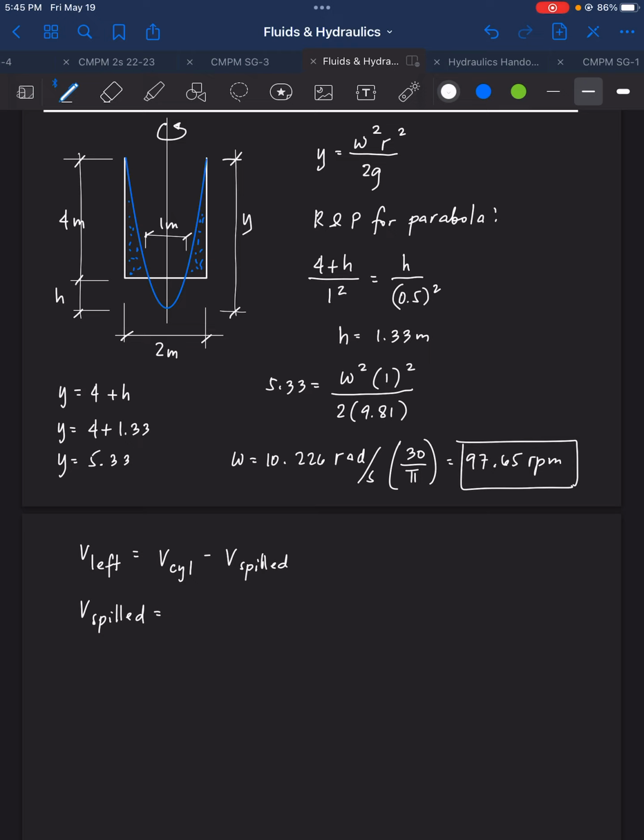For the volume spilled, we have the bigger parabola. So the volume spilled here is this portion. So look at this. This is the volume spilled.